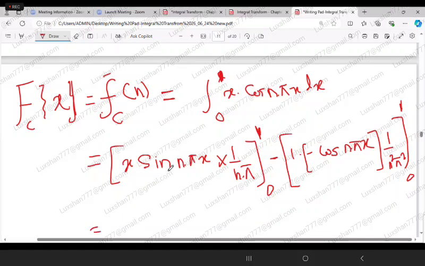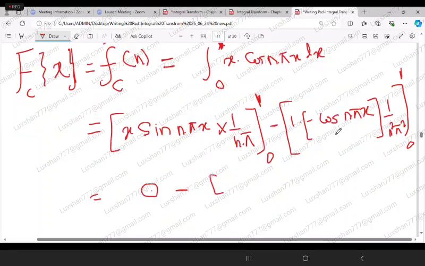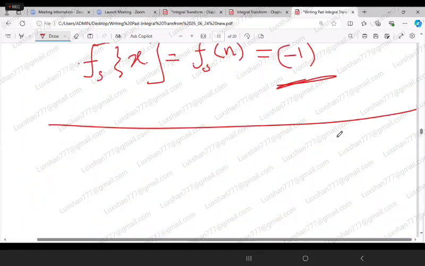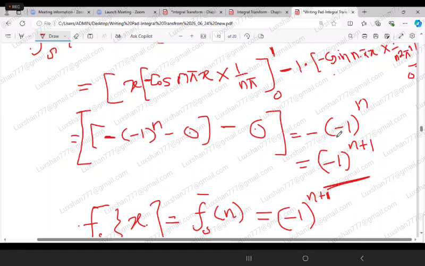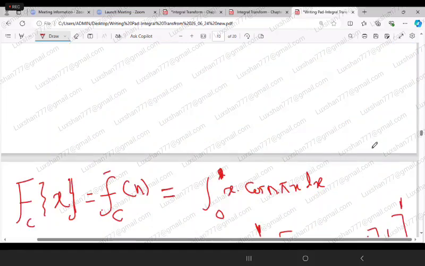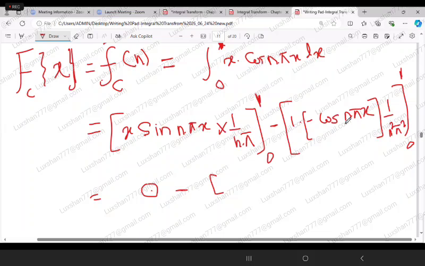If I substitute here the sine function, sine n pi is 0, and at 0 this is also 0. So this part becomes 0 minus, here if I substitute x equal 1, then this becomes minus 1 to the power n over n squared pi squared.